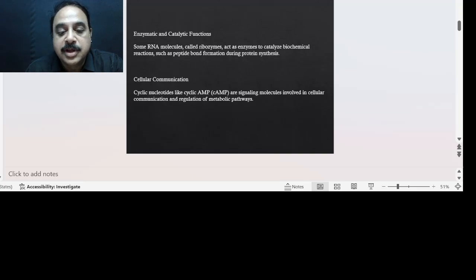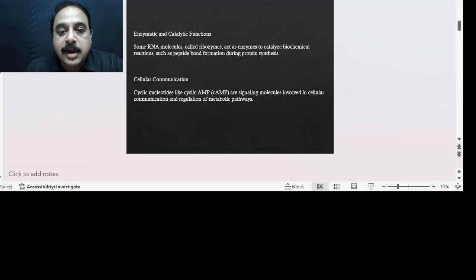Cellular communication is also one of the most important functions. Cyclic nucleotides like cyclic AMP, generally called cAMP, are signaling molecules involved in cellular communication and regulation of metabolic pathways. These are some of the primary functions of nucleic acids.